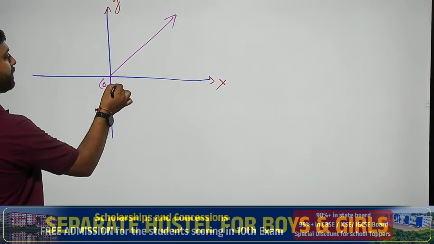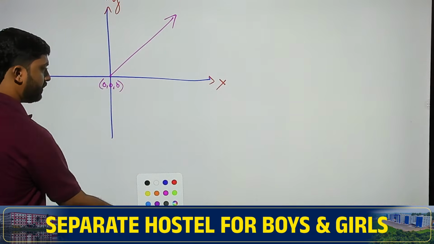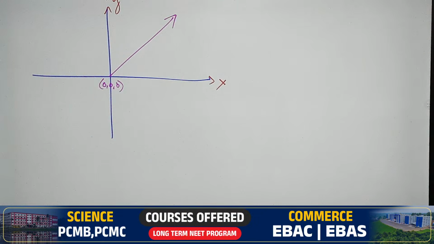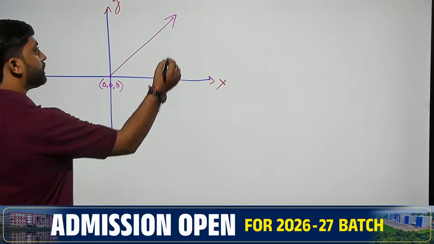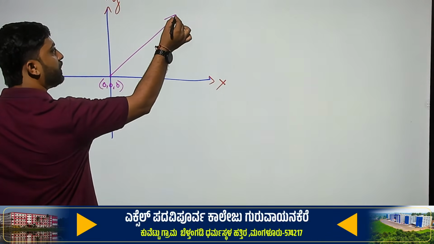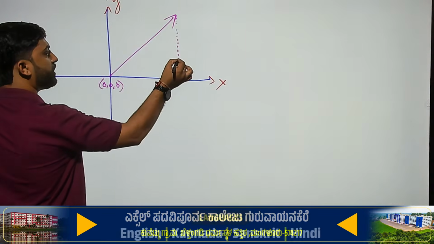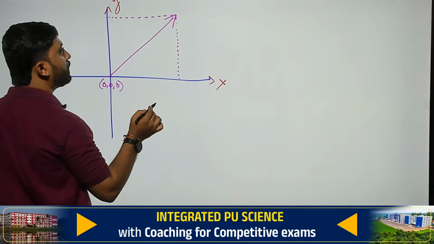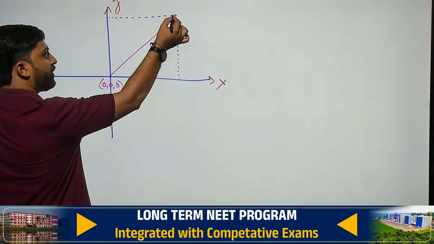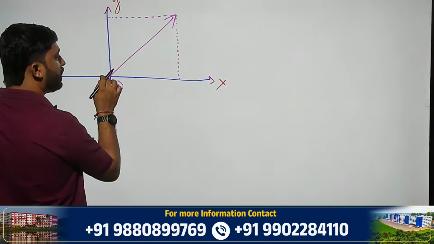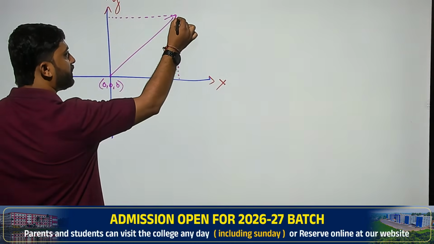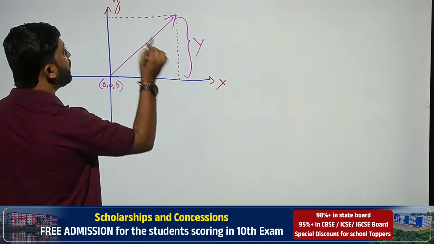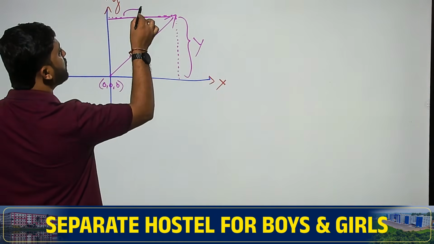It is 0, 0, 0. And what will be the coordinate here? I can draw the projections here. From this side, I will draw the projection. This length, let it be y, and this length, let it be x.